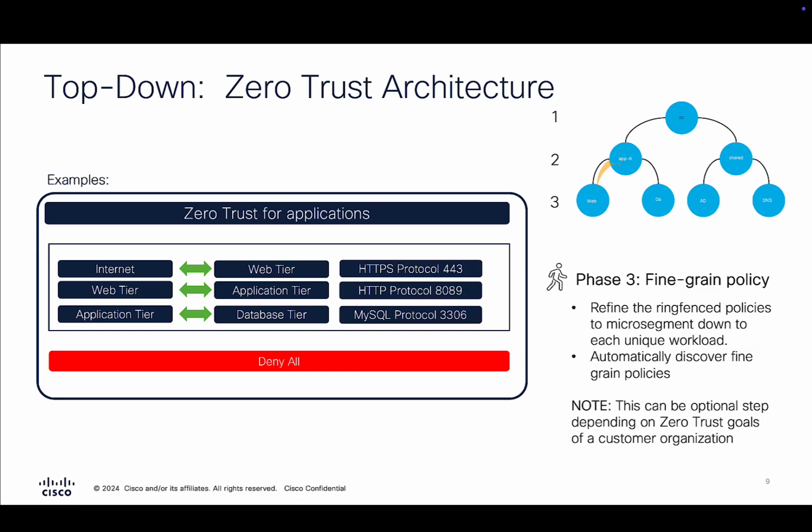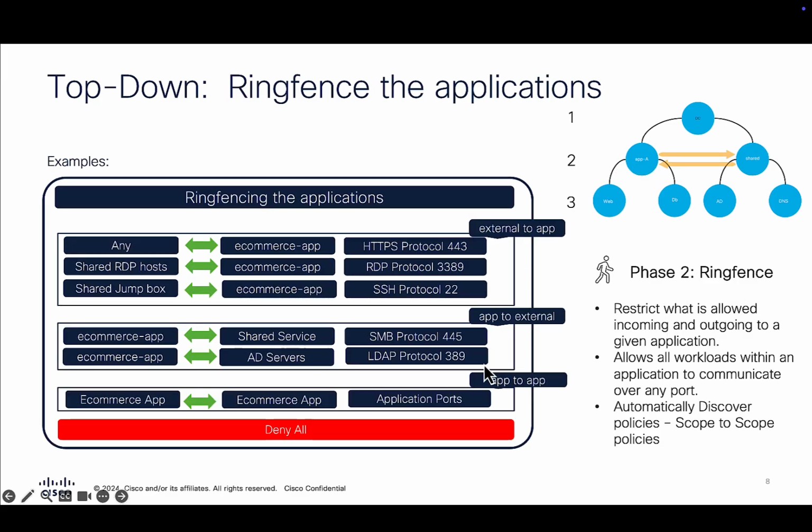The last phase is a full North Star zero trust architecture, where every component of my application is further broken down and locked down as far as east-west access is concerned. So if I go back, this is basically a double click of this last policy, that is app to app policy.